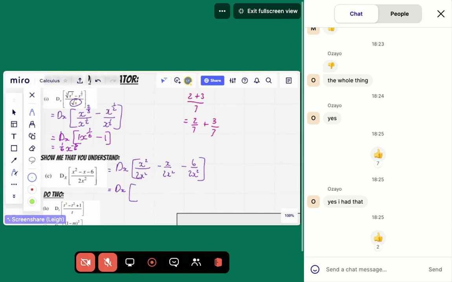So if we have a look at our first term, Isaiah, can you see that we've got an x squared at the top and we've got an x squared at the bottom? Can you tell me what x squared divided by x squared is? You can put it in the chat.